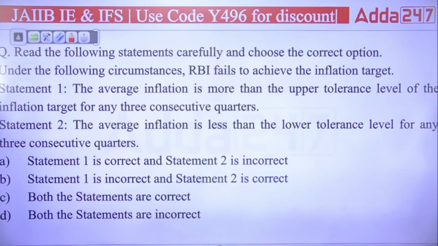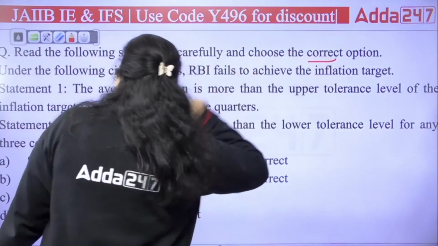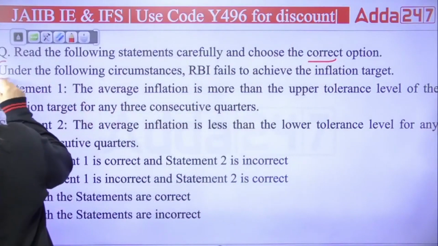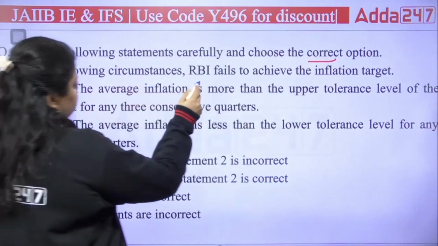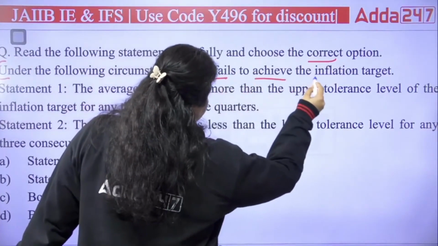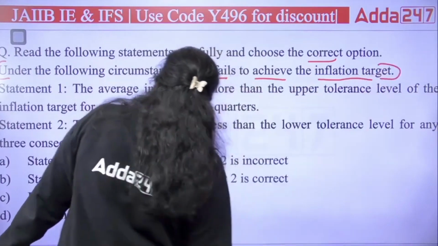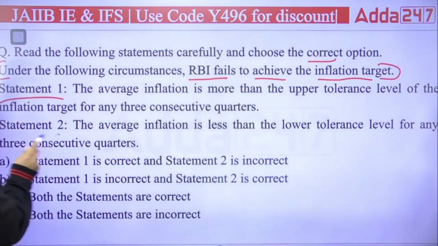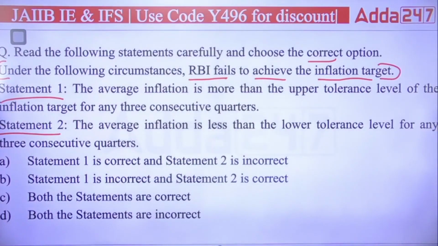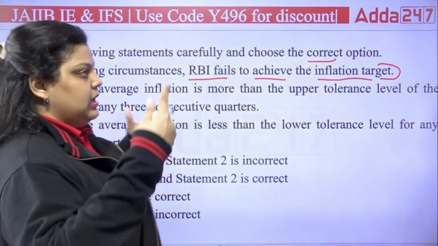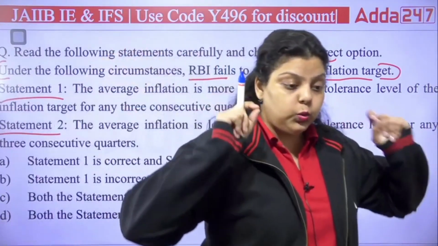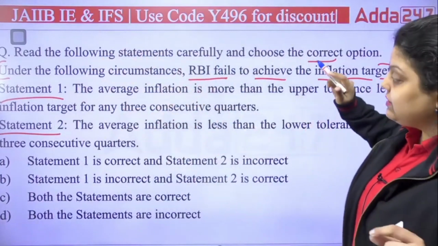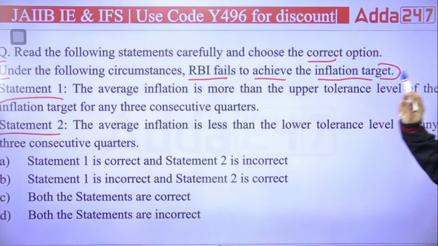Now, read the following statement carefully and choose the correct option. So we have a statement given here. Under the following circumstances, RBI fails to achieve the inflation target. So two statements have been given to us. Out of these two statements, the question is asking which condition or which statement defines that RBI failed to achieve the inflation target.